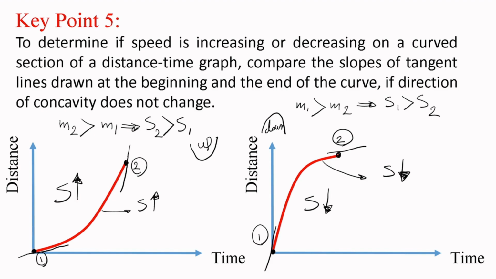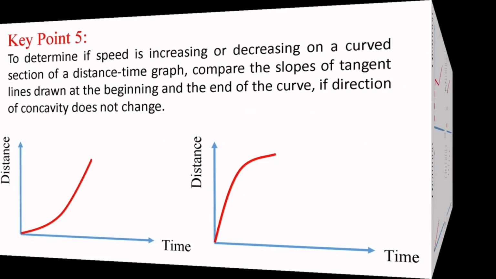What is the point of the second method? We can apply this method because the distance time graph never goes down. It is not downward, it is upward. So we can realize when the concave is up, the speed is increasing, and when the concave is down, the speed is decreasing.